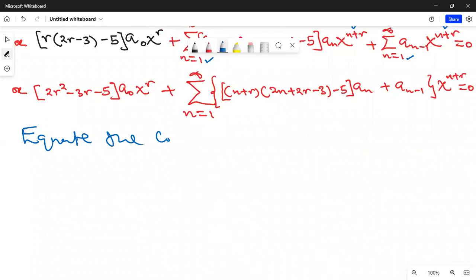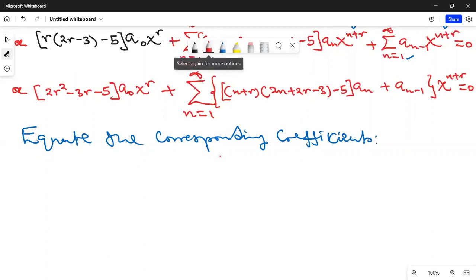Let's start with the coefficients of x raised to r.